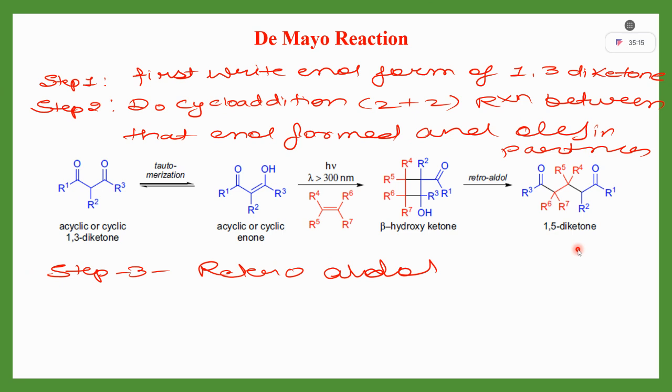So this was your De Mayo reaction. What? First, your 1,3-diketone will undergo tautomerism, followed by 2+2 cycloaddition with an olefin, and then subsequent retro-aldol reaction will result in the formation of 1,5-diketone. Yes or no?